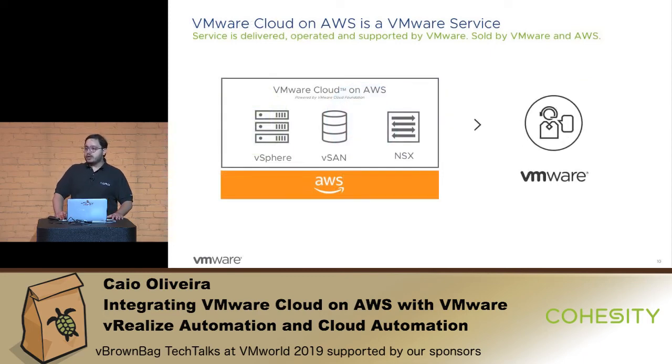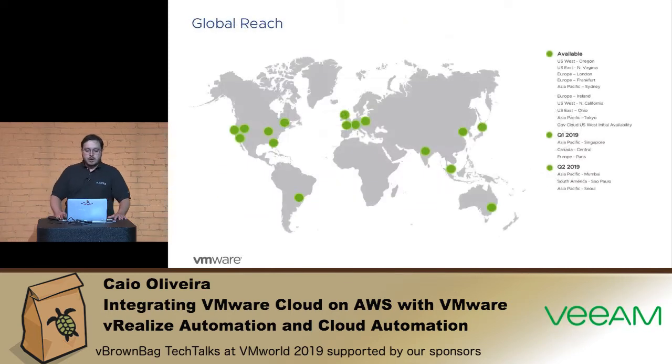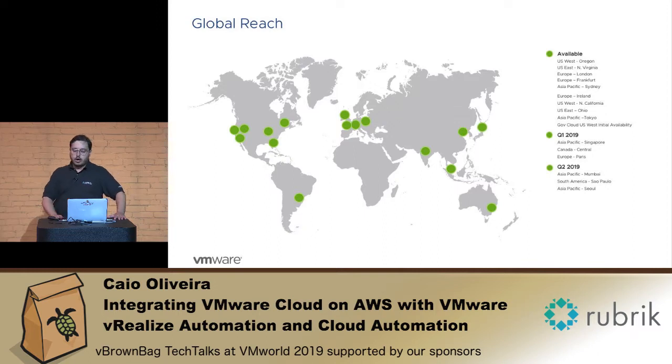This is really important. VMC is a service that's delivered, operated, and supported by VMware. But both VMware and AWS can sell this service, okay? And right now, we are in almost all AWS regions, right? In Q1 and Q2, we made a lot of improvements, especially in LATAM, my area.